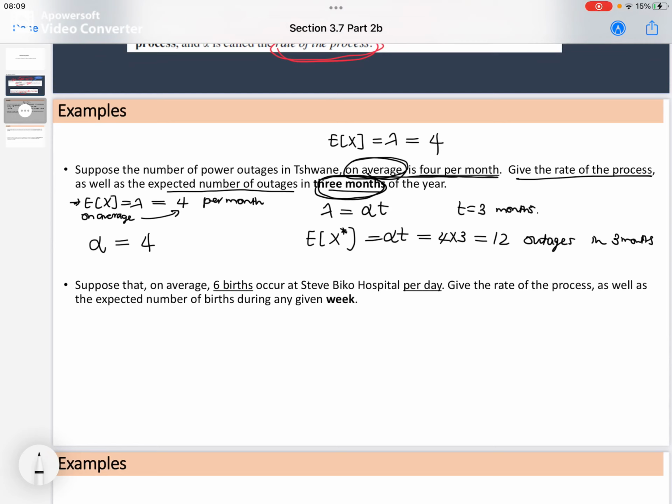Okay, then the next example, suppose that on average we have 6 births per day. All right. Now give the rate of the process. So we will start with 6 per day.